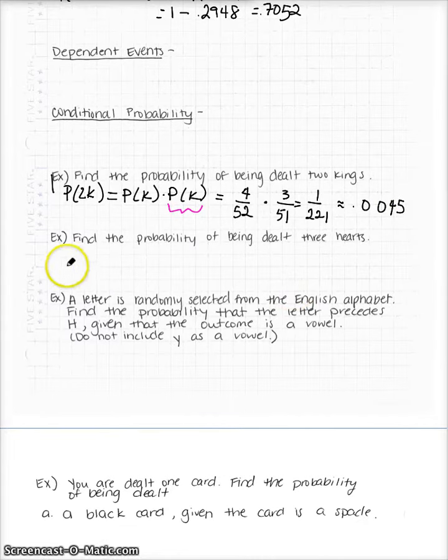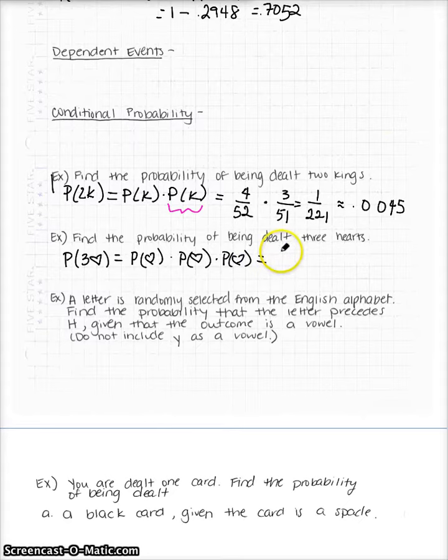Find the probability of being dealt 3 hearts. It's the probability of being dealt a heart times the probability of being dealt a heart second times the probability of being dealt a heart third. The probability that your first card being dealt is a heart is 13 over 52. There are 13 hearts in the deck.